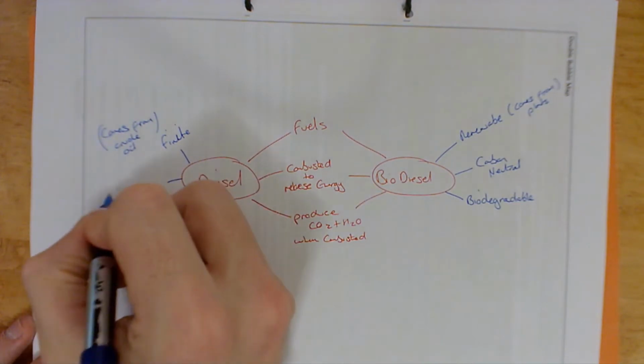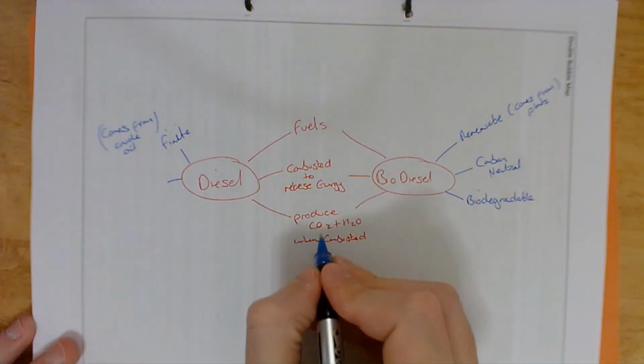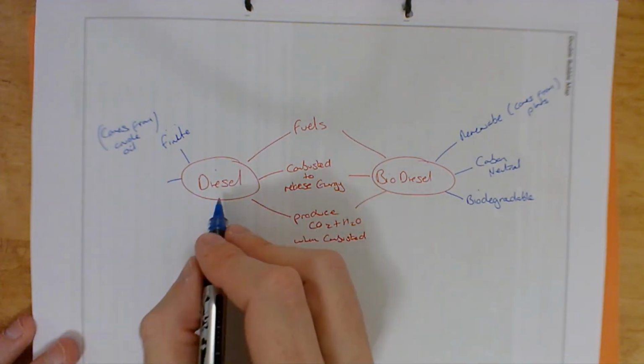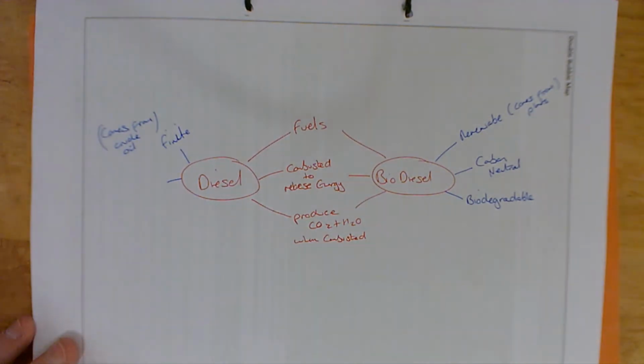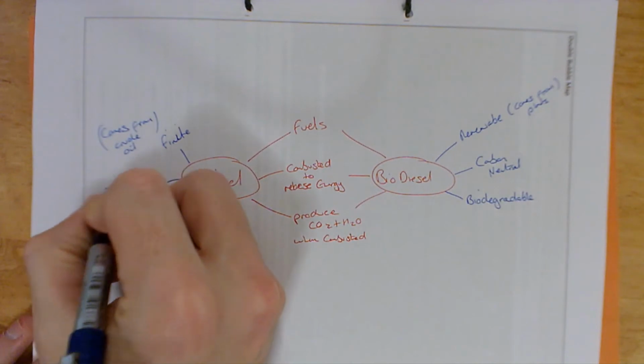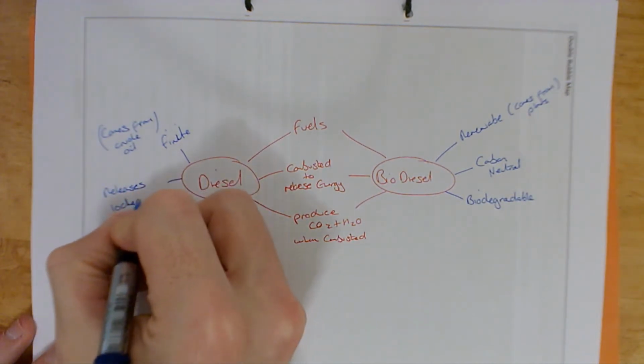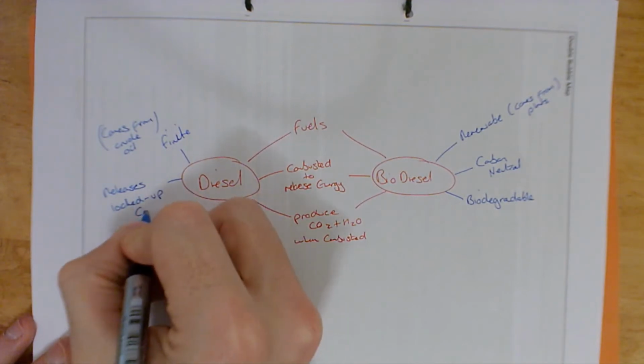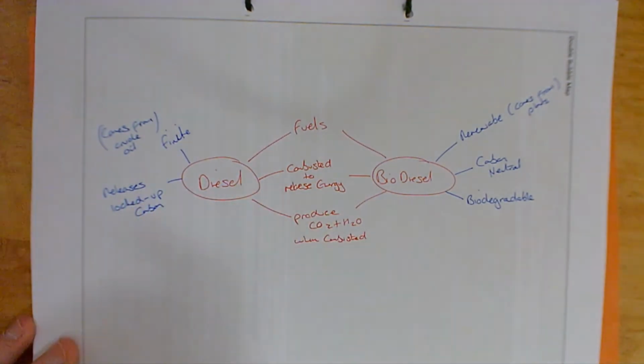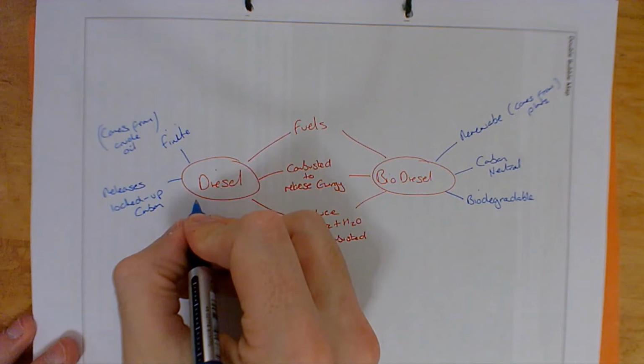It is not carbon neutral. So the carbon dioxide that's being produced by the combustion of diesel is carbon that was locked underground for millions of years. So it releases locked up carbon. So carbon that's been stored underground for millennia. And it's non-biodegradable.